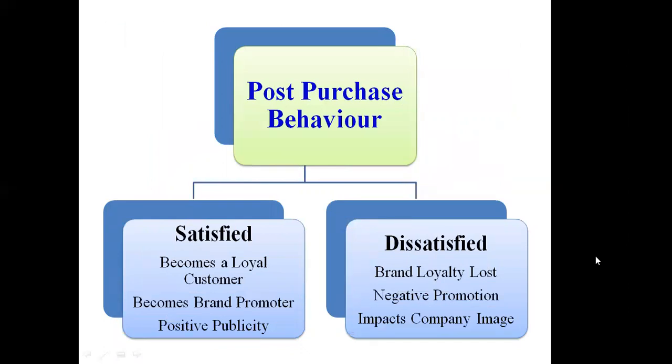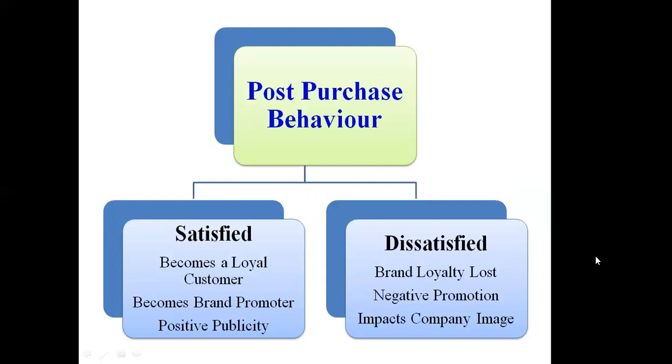So here comes the last stage of this consumer buying process, that is the post-purchase behavior. As we have already discussed, the post-purchase behavior results in satisfied and unsatisfied consumers. The consumers whose expectations are met are satisfied and they become an asset to the brand or the company, while the consumers whose expectations are not met are the dissatisfied consumers.